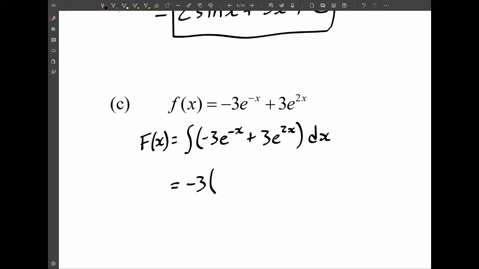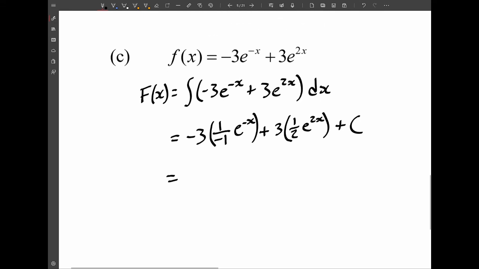Then, I do have a coefficient on my exponent here, so I'm going to divide by that exponent, divide by the negative 1, e to the negative x, plus, and then I do the same thing here, 3 times 1/2 e to the 2x, just like what's in that table, plus c. And what I'm left with is positive 3e to the negative x plus 3/2 e to the 2x plus c.